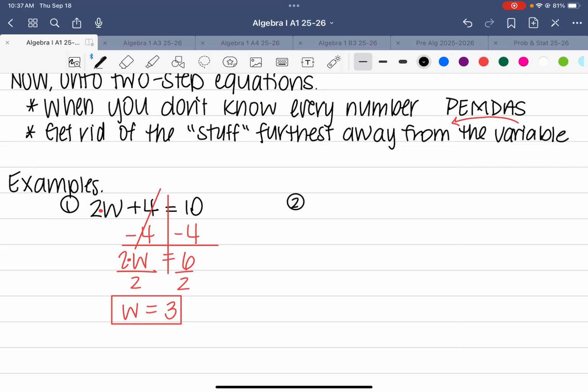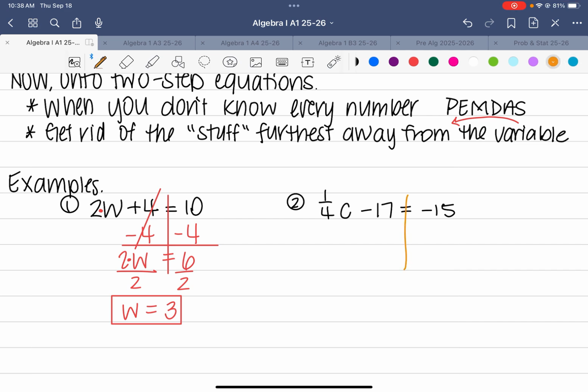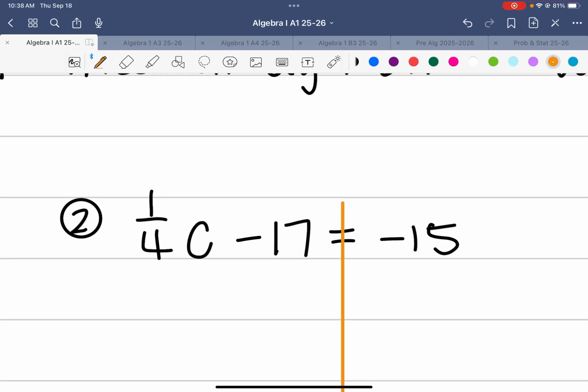Example number 2. Let's take 1/4 c minus 17 equals negative 15. Okay? 1/4 c minus 17 equals negative 15. I'm going to draw a line down my equal sign. What number is further away from my variable?